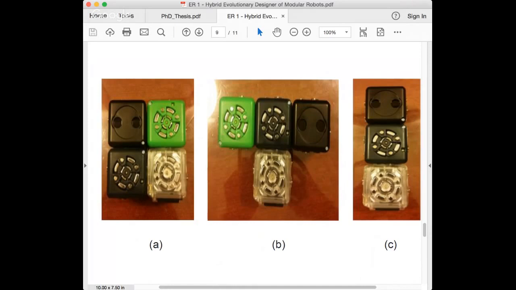The mission was for the robot to move the maximum distance. Using the proposed method, it yields these three designs. One of these robots achieved the best fitness value. Which one do you think achieved it? B? Okay, so both of our guests, Anton and Stefan, said B.